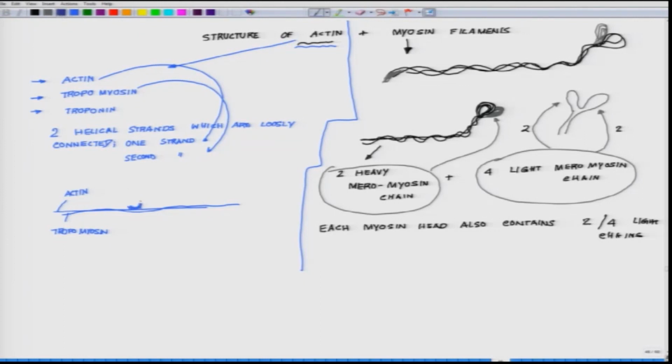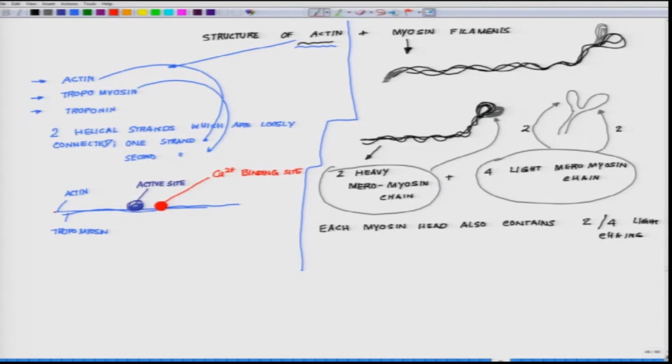Let us put a different color out here. Active site, and then you have calcium binding site, this is something new I am introducing now, called calcium binding site.